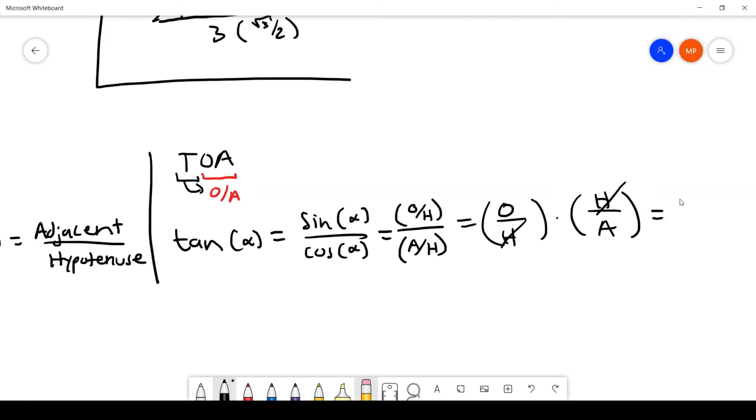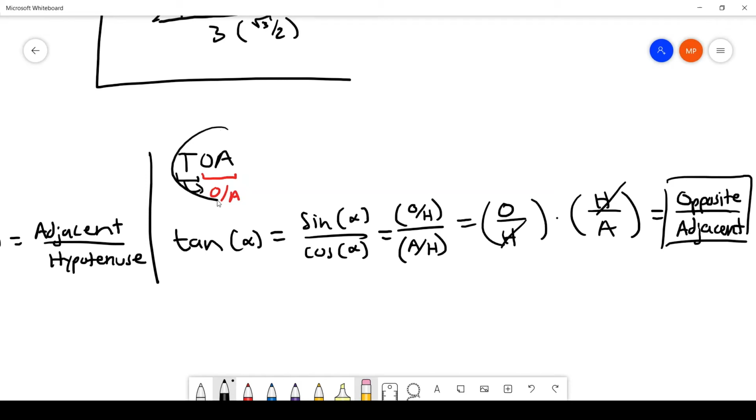And this gives us O, which is the opposite, over the A, which is the adjacent. And that works out completely fine.